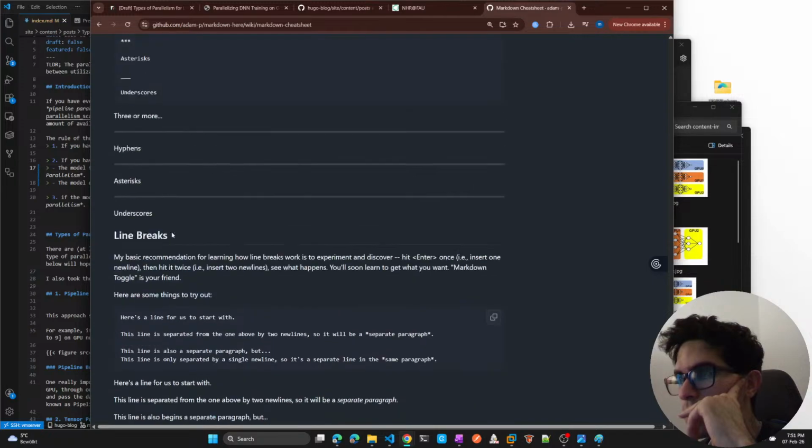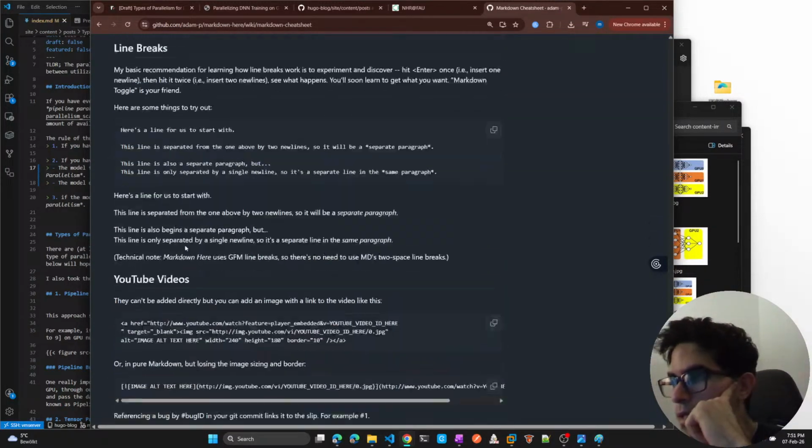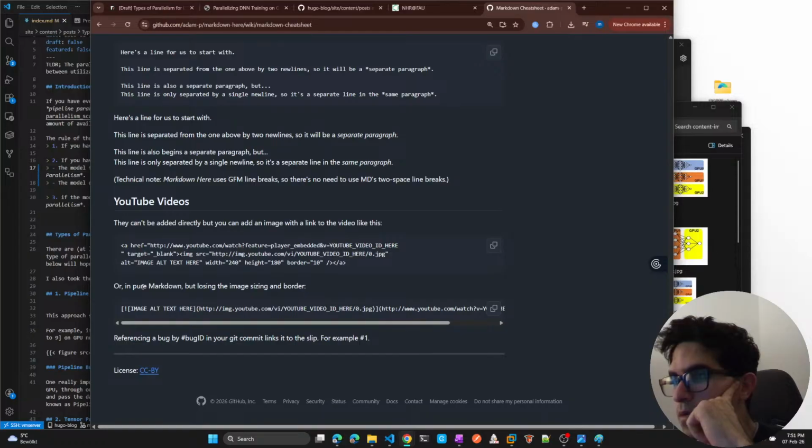Line break. Oh wow, I could also add the YouTube video. They can't be added, but you can add the image with the link, but losing the image sizing and border. Okay, this can be interesting.